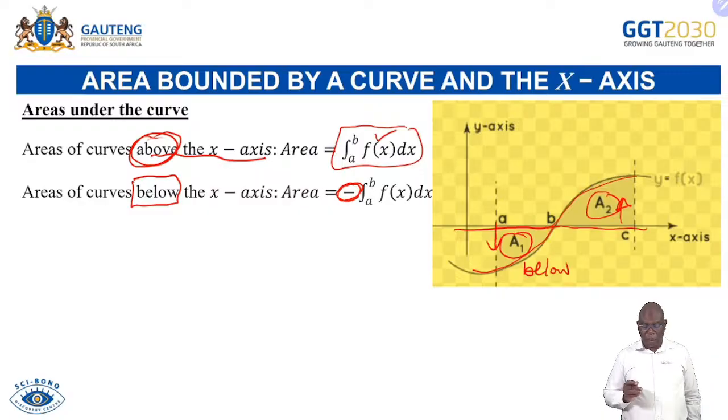Okay, so that we are able to get the correct area, because remember, area is the amount of space that we have. So we cannot have that amount as a negative value. So the area will always be positive.